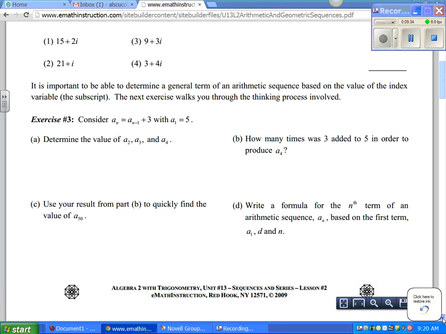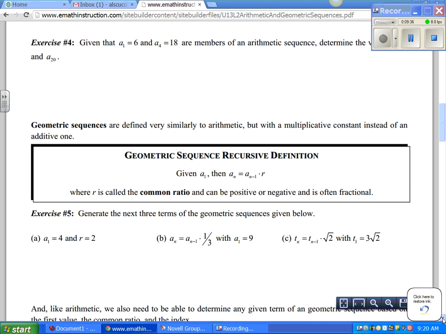Okay, so example 4 says, given that a sub 1 is 6 and a sub 4 is 18, we want to determine the value of a sub 2 and a sub 20. All right, so what am I lacking here? I'm lacking my common difference, right? I need my common difference in order to figure out these values, right?